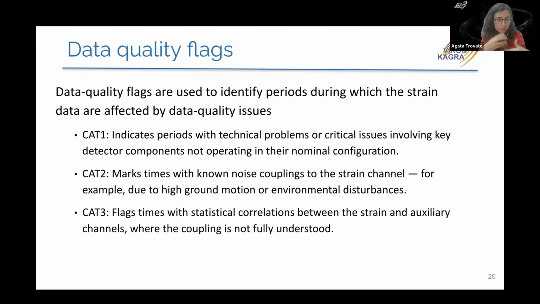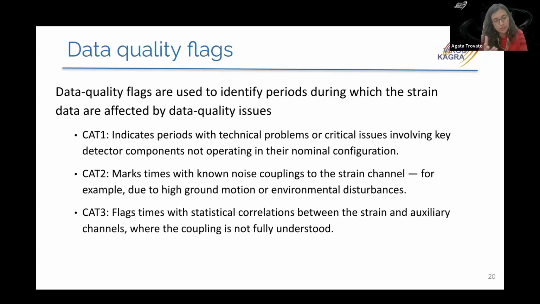In addition to all this, we identify some data quality flags that are used to identify the periods that can be affected by data quality issues. Usually we use the labels cut 1, 2, and 3, in order of severity. So cut 1 is the worst that can happen, and cut 2 and cut 3 are a little less important.